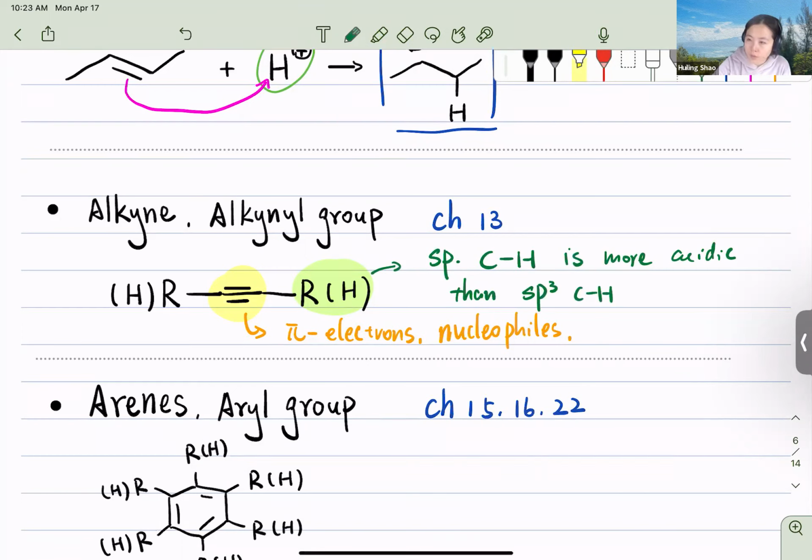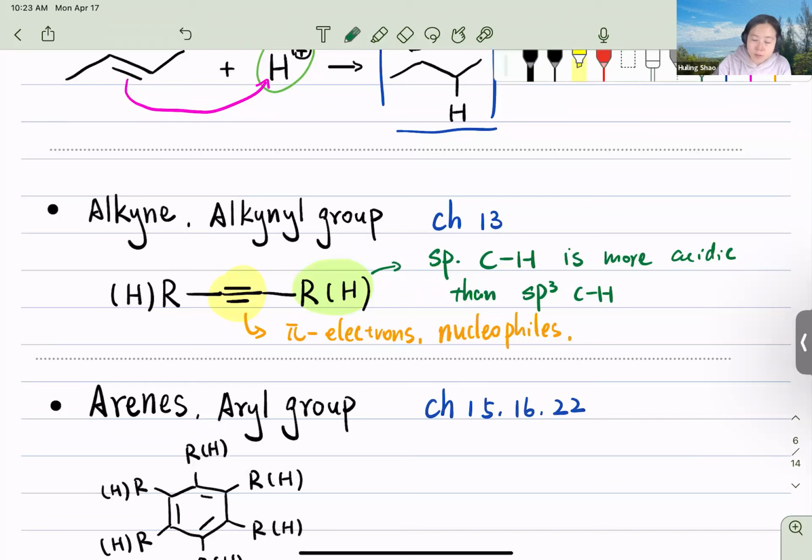So this is a review of our Bronsted acid-base chemistry. And as a result of these properties, in chapter 13, you'll see some special chemical reactions of the alkyne group.